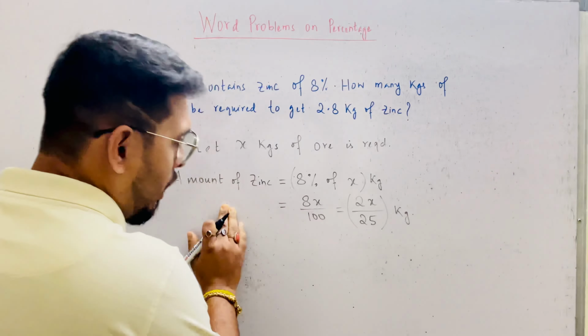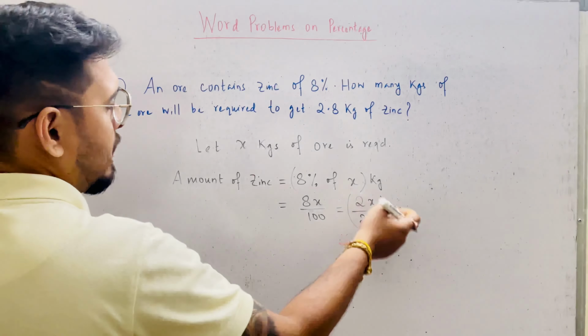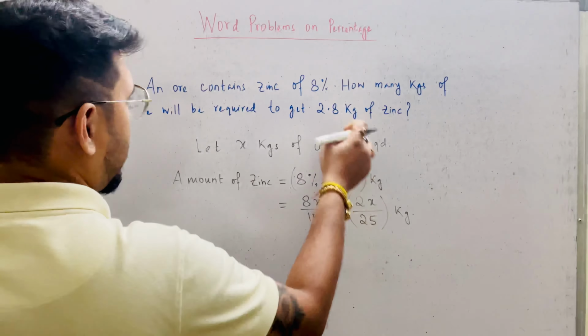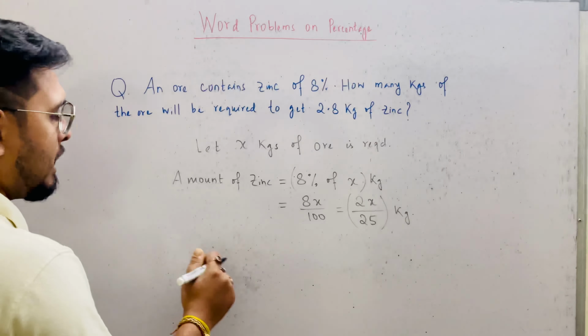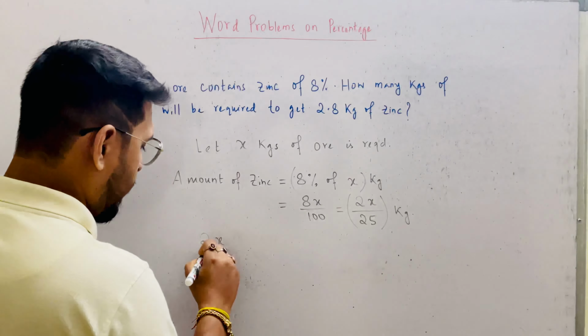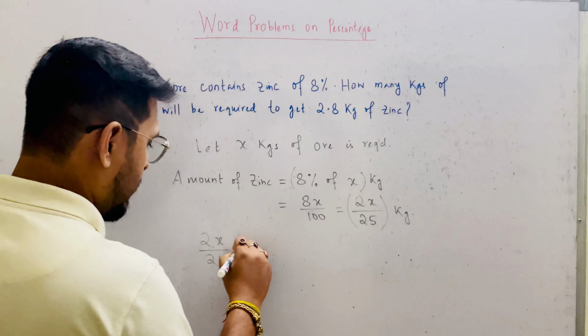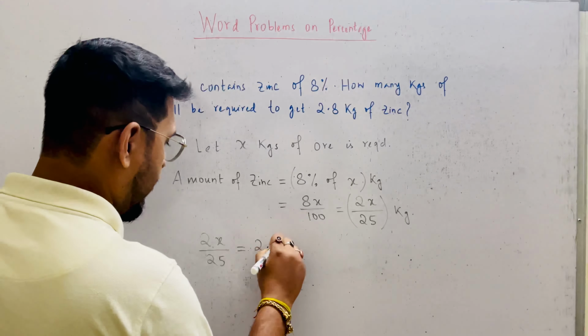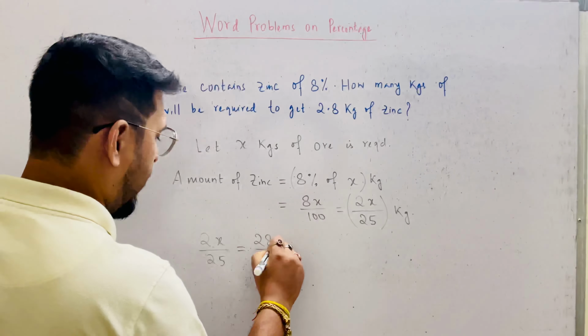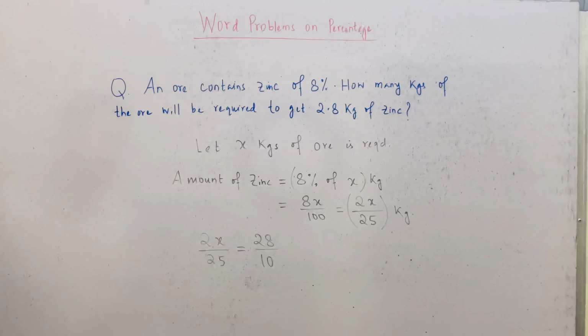We have already found that in x kg ore this amount of zinc will be present, so this and this are the same quantity. So we can say that 2x by 25 is equal to 2.8, or we can make 2.8 as 28 by 10.